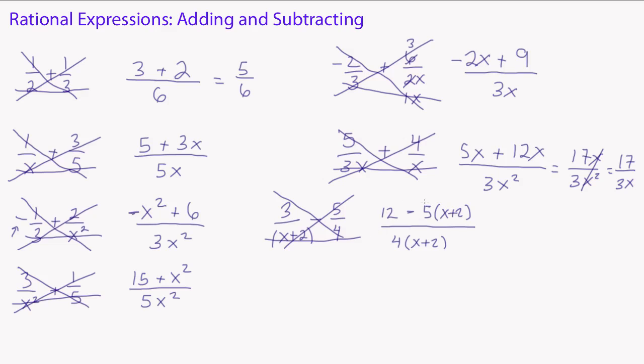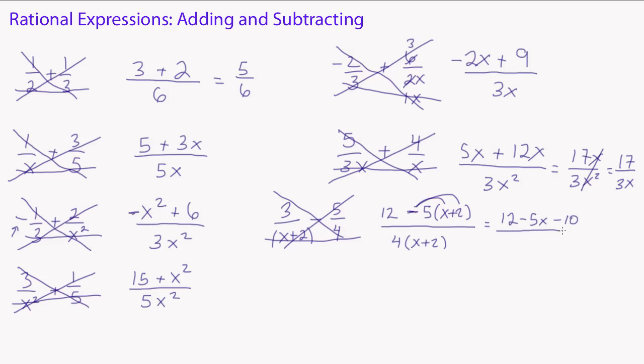All right, now we have to multiply the binomial out. This is negative 5 times x and negative 5 times 2. That's very important. We've got to keep that negative there. So that's going to give me 12. And this is the 12 right here. And then negative 5 times x is negative 5x. And negative 5 times 2 is negative 10.